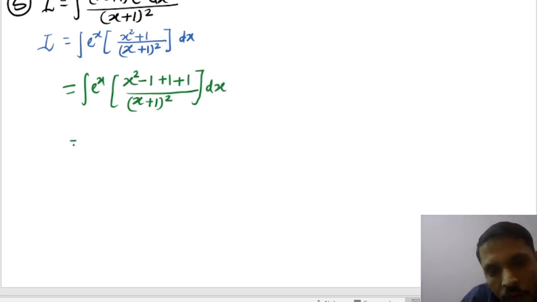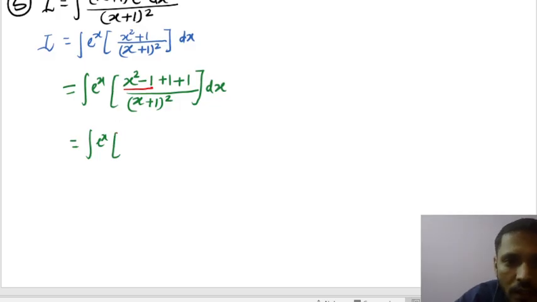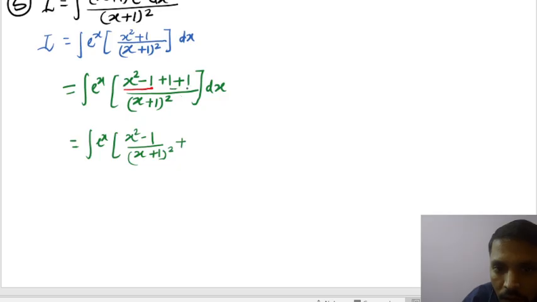All right, now what we can do here, this e to the power x is as it is. Now we are going to take this x square minus 1 divided by x plus 1. So here this will become x square minus 1 divided by x plus 1 whole square. And the second term, 1 plus 1, it is 2. So 2 divided by x plus 1 whole square.